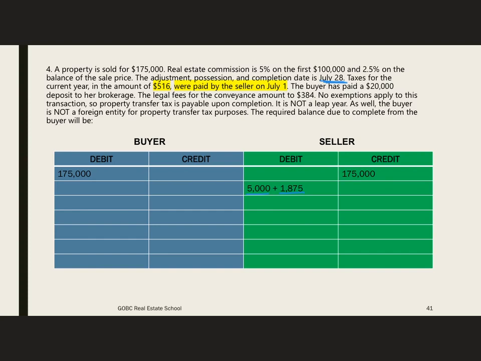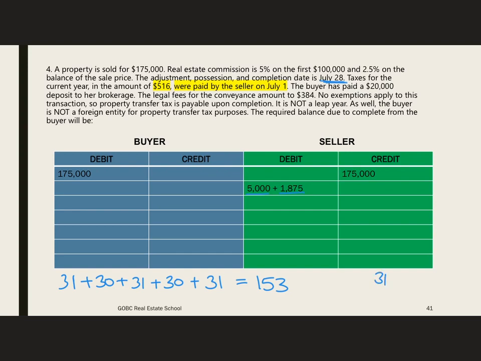So you count the days. December has 31 days, November has 30, October 31, September 30, August 31. So that is all of the full months that the buyer is responsible for. So that ends up being 153 days. And then the buyer is also responsible from July 28th to 31st.